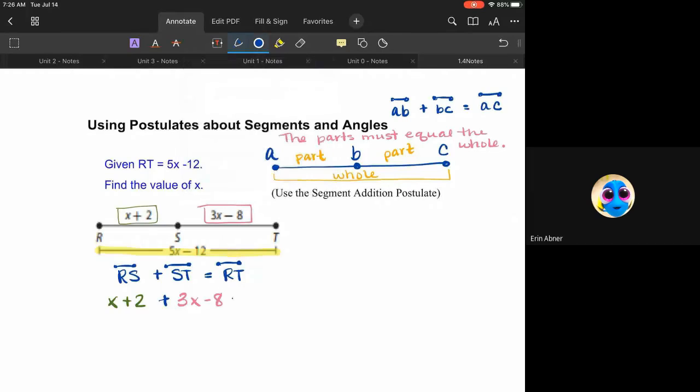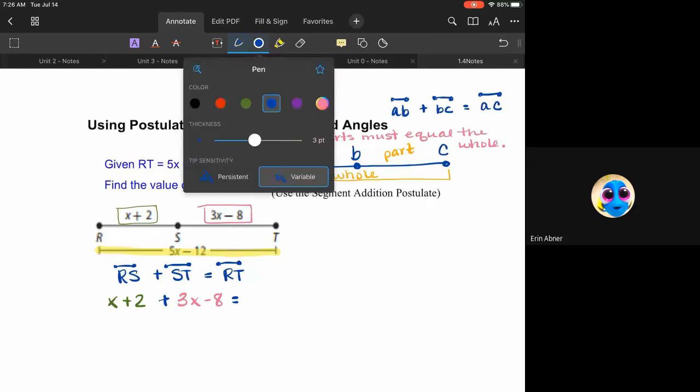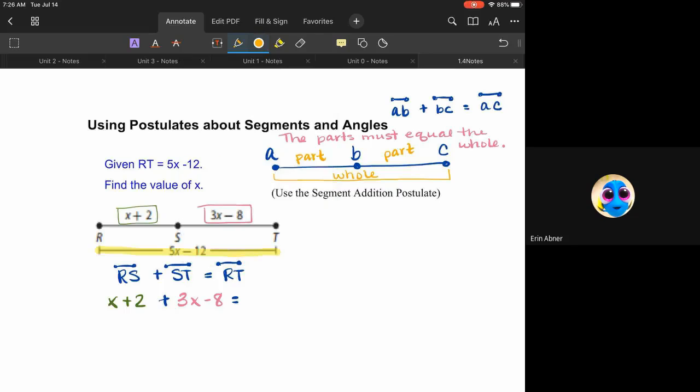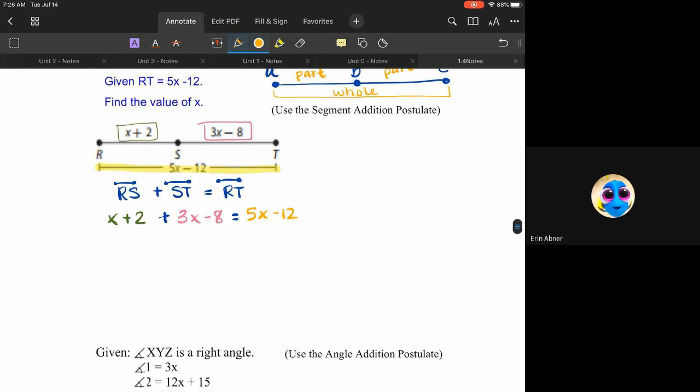And then it is going to equal RT. We'll go this darker orange color. Okay. 5x minus 12.